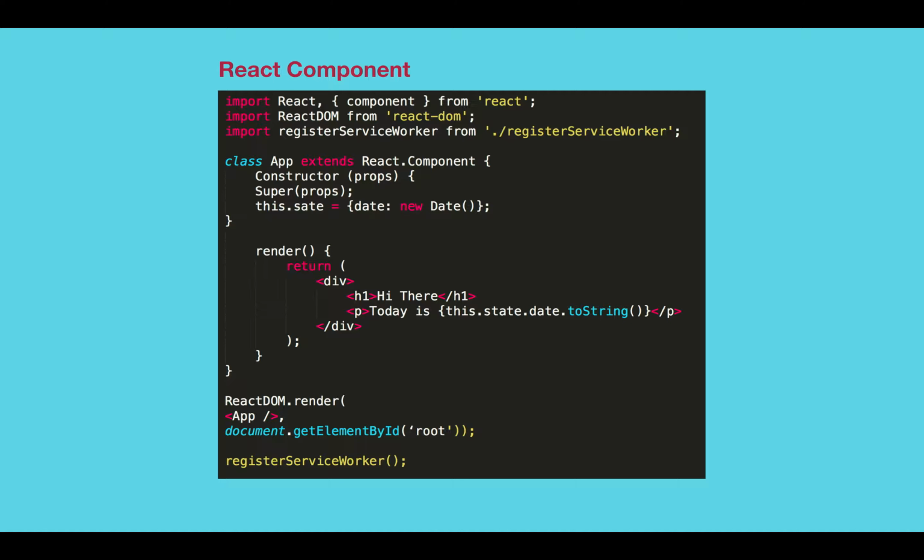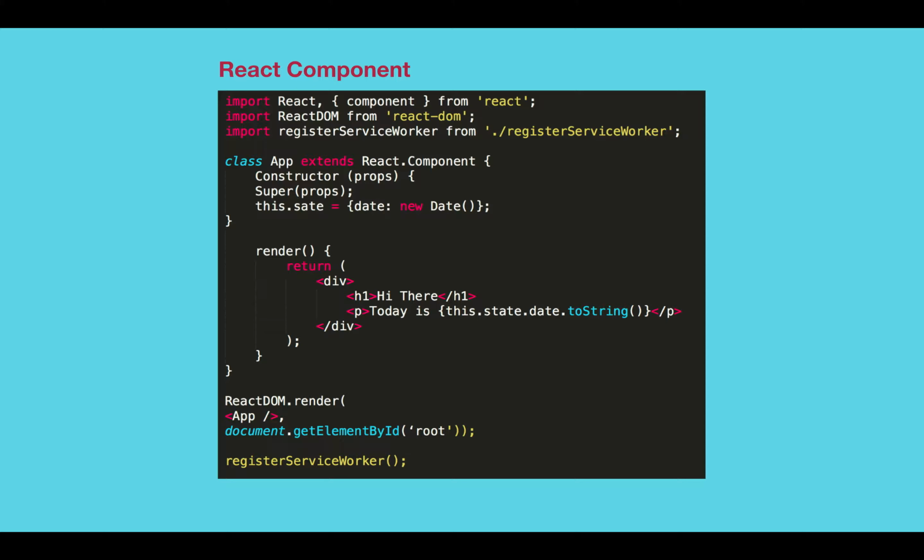As you can see here, an example of a React component. We have class. Class extends React component, and that's how we build a React component. Also there are constructor, props, state, and below this a render method which returns the HTML-like elements.